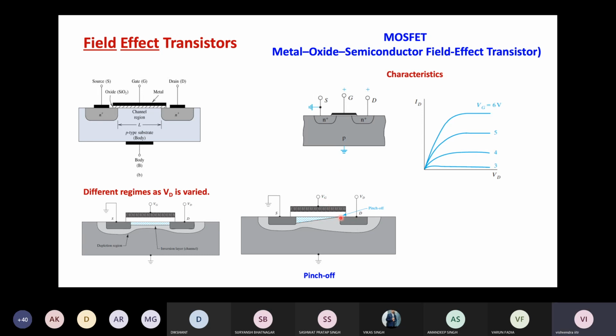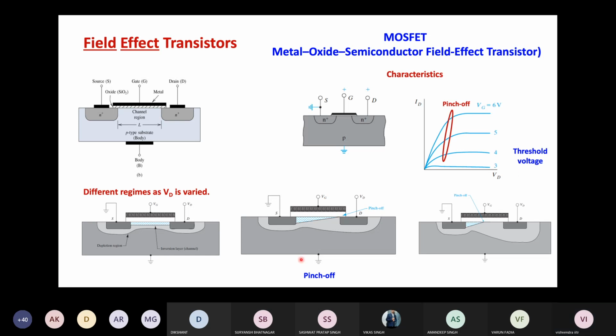If this VG minus VD is less than the threshold voltage, then the channel starts disappearing from here, because we need a threshold voltage to induce a channel, this inversion layer. And as soon as this VG minus VD becomes larger than the threshold voltage, this pinch off starts happening. And as the VD is increased further, this pinch off becomes even more.